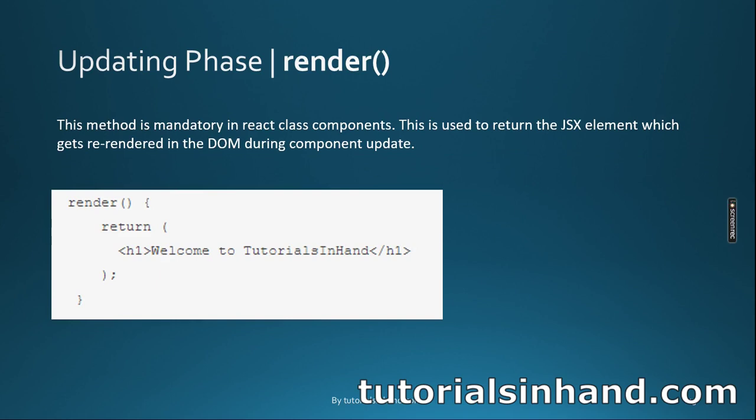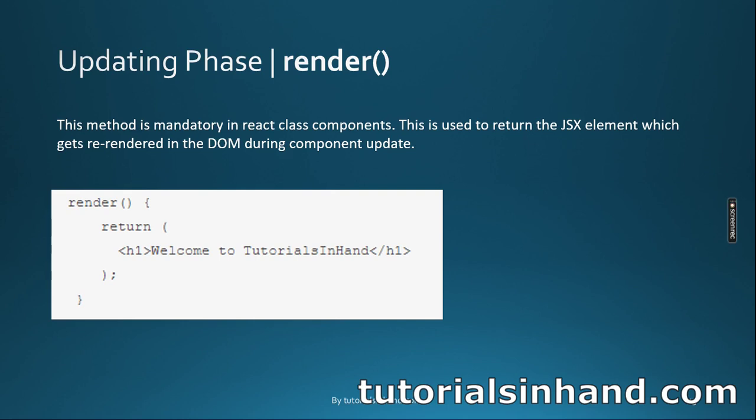Again, the most popular one of them, the render method. So this method is mandatory in a React class component. This is used to return the JSX element which gets rendered in the DOM during the component update. This we have already discussed in the mounting phase also. But you might ask, hey, why is this render method in both the mounting phase and the updating phase?